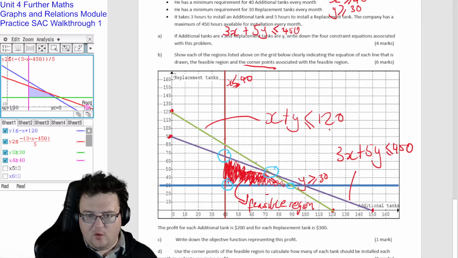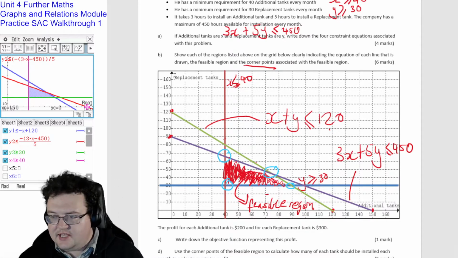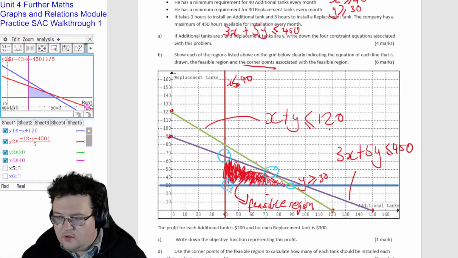Those are the 4 corner points that we now need to find. So in this case, this one here is pretty easy because it's where the 2 perfectly straight lines intersect. So that's 40, 30.